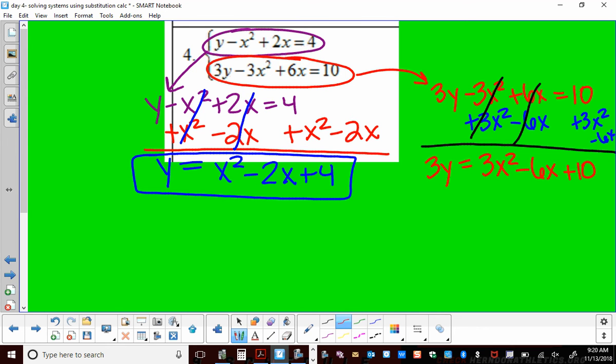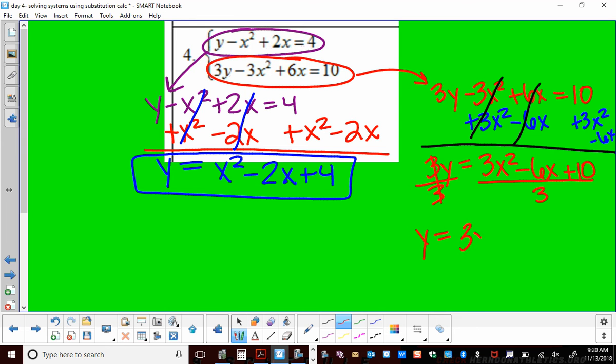Alright, and since I want y by itself, I divide by 3 on both sides. So you have y equals, I probably would just leave this as a fraction as it is. If you want to reduce it, you can. You'll get x squared minus 2x plus 10 over 3. So you would still have a fraction at the very end if you want it.